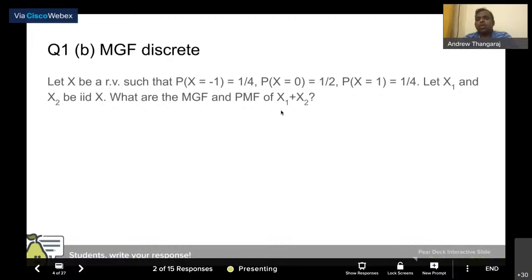There are multiple ways to do it. You can make a table, which will have 9 entries, 3 times 3, and then look at all the sums and write them down. That's one way of doing it. But with the MGF, you can keep track of everything in one go, then multiply it out.